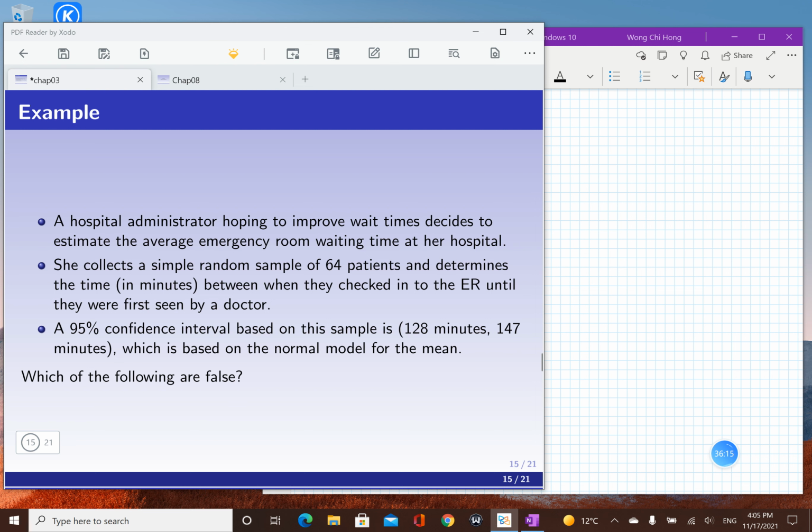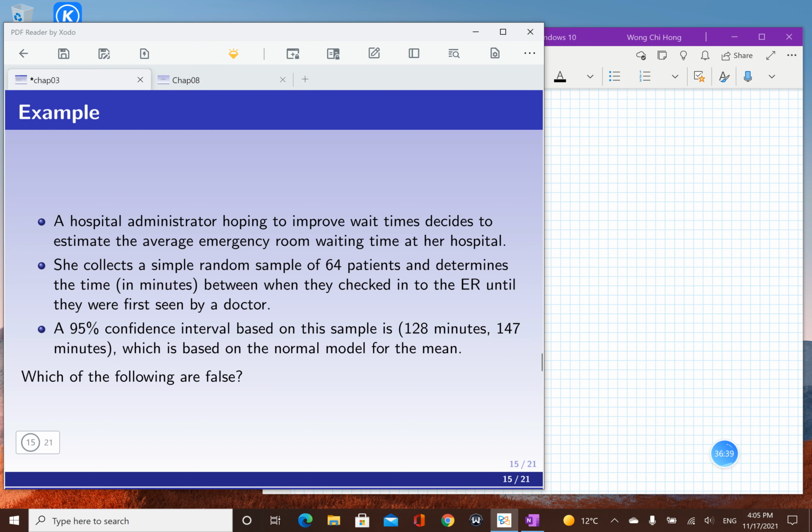The problem with emergency room service is that people normally have to wait too long. Suppose that this hospital wishes to improve the service, so they want to reduce the amount of time people spend waiting.